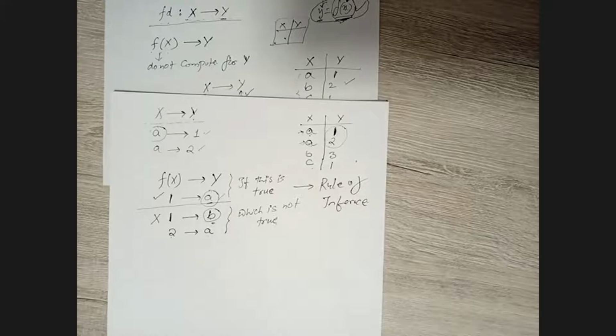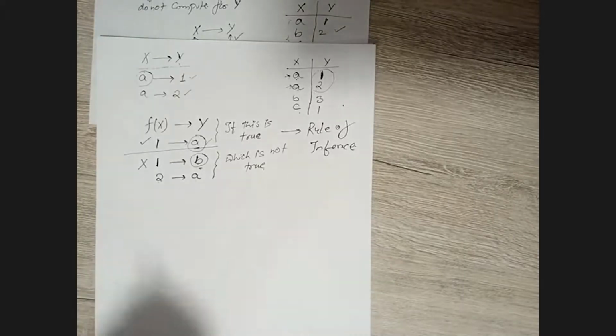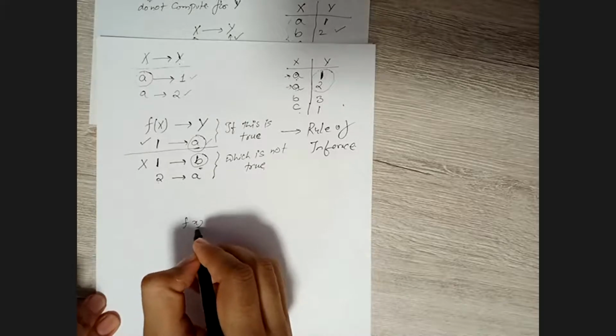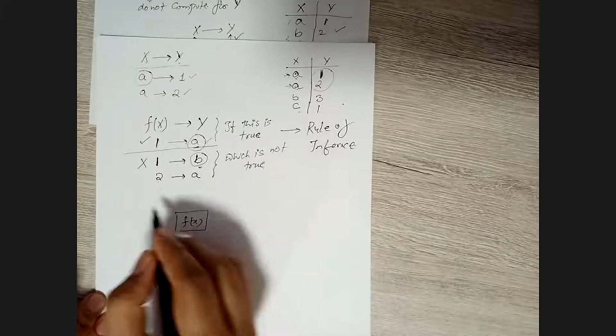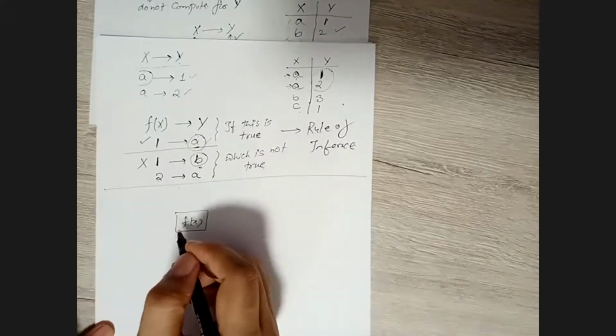So you can understand, if I take you back to the mathematics part over here, functional dependency is more or less related to a function. So understand, when we have some function f of x, for example, I'm talking about the mathematics part over here so that you can have a better understanding.